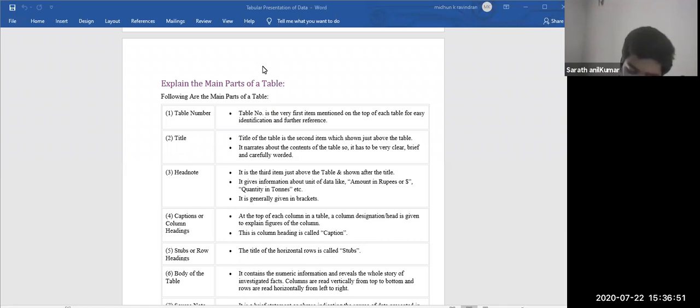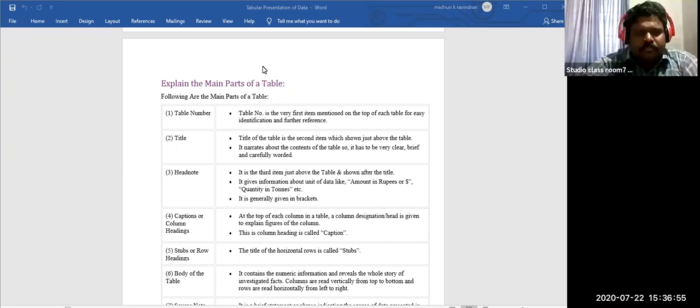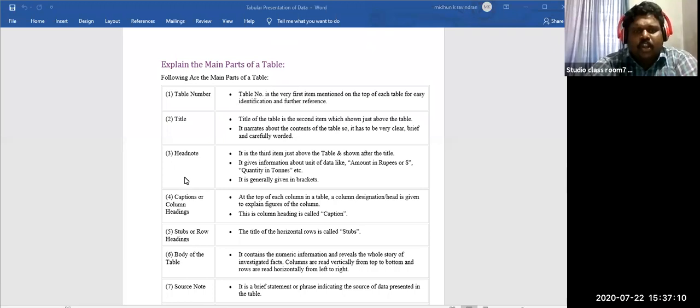The unit of a table describes what unit is used in that table, basically related to money or dollars, or quantity in kilograms or tons. Basically the quantity of things we are able to find in units. That is called the head note.